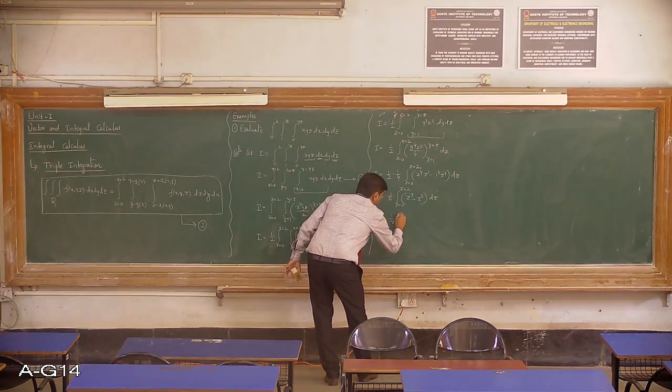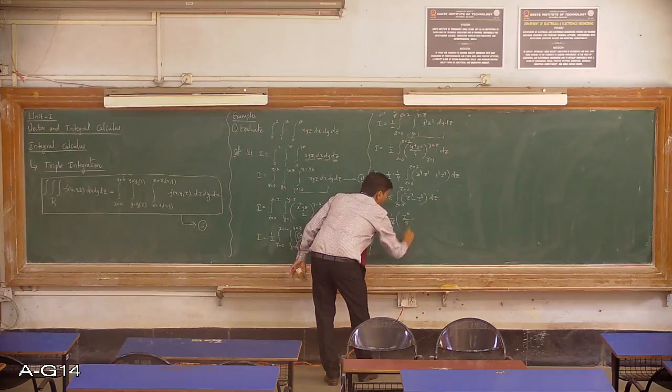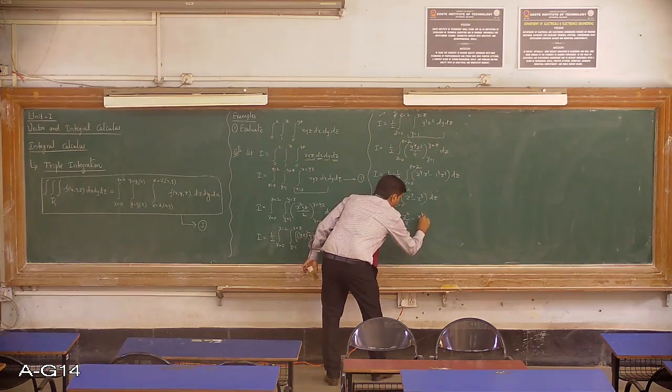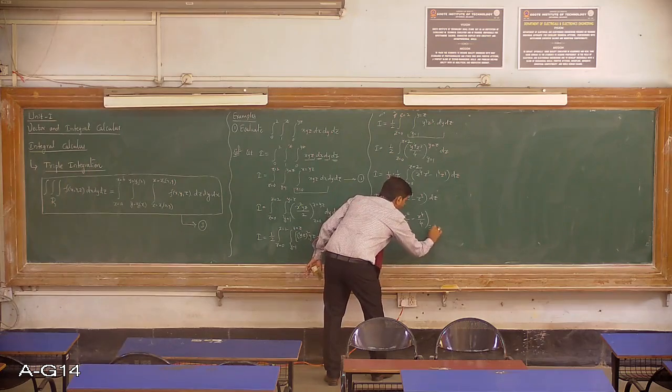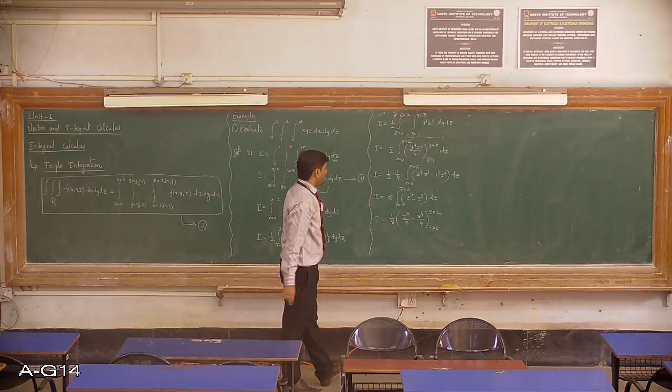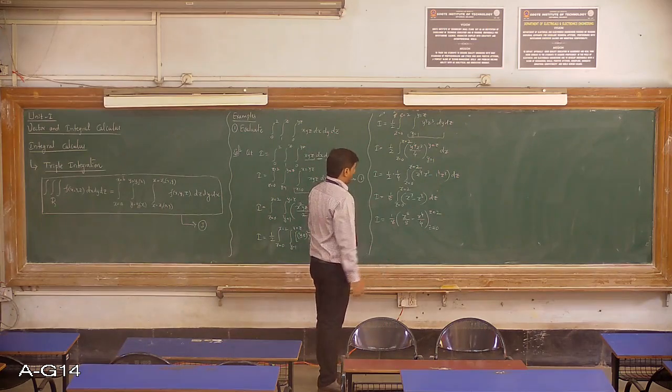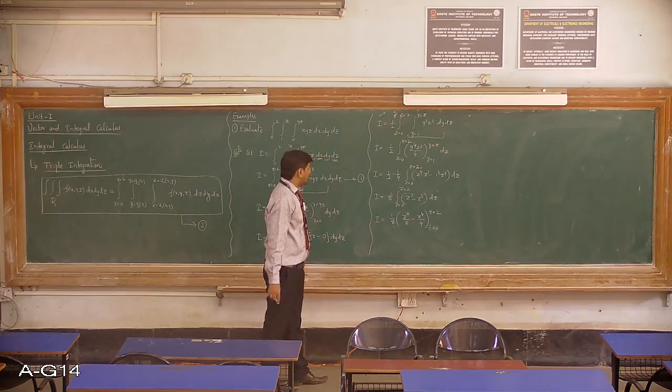Now integrate this with respect to z. Z raised to 7 becomes z raised to 8 by 8, z raised to 3 becomes z raised to 4 by 4, from z equals 0 to z equals 2. You can directly put the upper limit and simplify it, otherwise you can take 8 as the LCM.